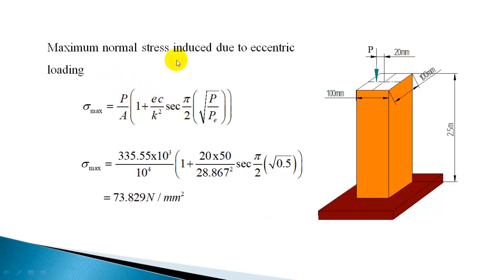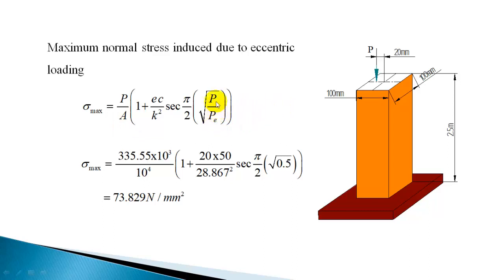Now the maximum normal stress induced due to eccentric loading, sigma max, is equal to P by A into 1 plus ec by k squared into sec of pi by 2 root of P by PE. Since we have already calculated the Euler's buckling load, it is easy to use this form of the secant formula.